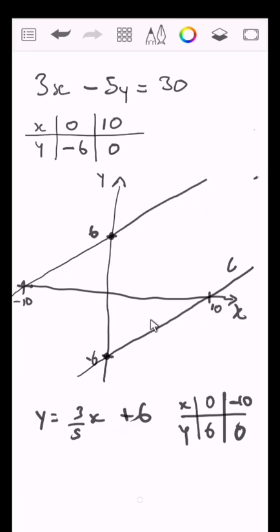And as you can see, even though my lines are not perfectly straight because I drew them by hand, you can see that the two lines will never meet. Even if extrapolated to infinity, they are not going to meet. They are actually parallel lines. Here is 6, here is minus 6, here is 10, here is minus 10. This demonstrates that our answer to part B is correct.